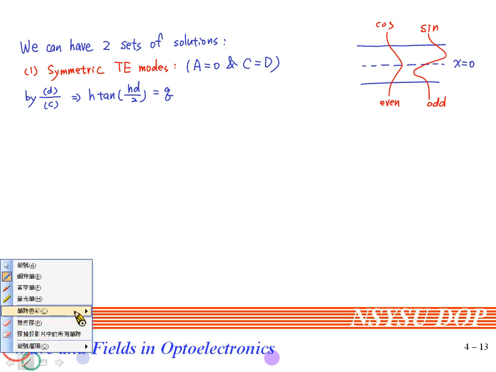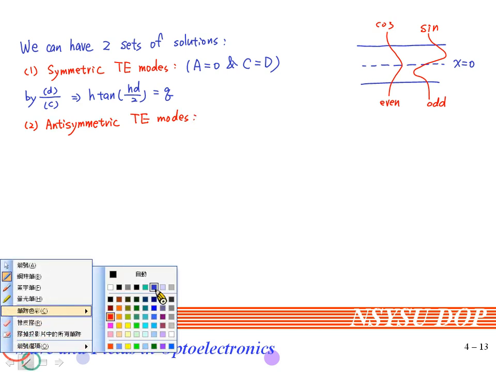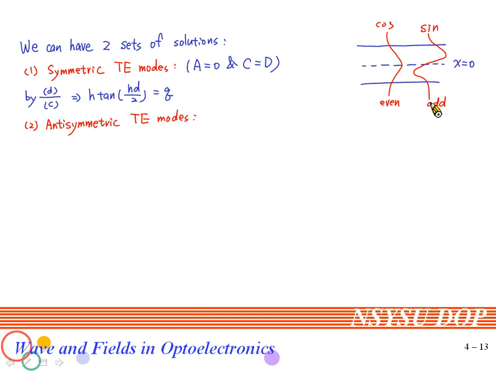Okay? And of course, the other set of the TE mode is anti-symmetric TE mode, which corresponds to the other function I plotted here. And for this function, it will be expressed by the sine function. As a result, the coefficient for cosine function B will be 0.